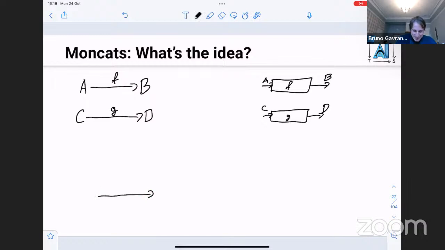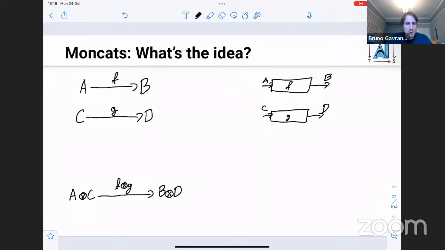And since we're trying to put these processes in parallel, we might write something like this: A times C, B times D, and here we might write F times G. This is precisely what the idea of monoidal categories is, which I'm going to make precise, except that we draw this as an X with a circle around it.